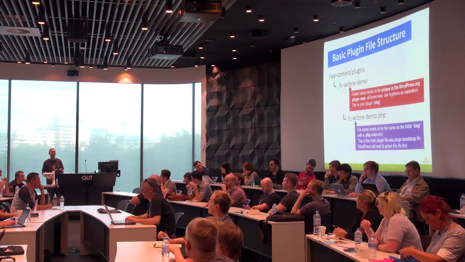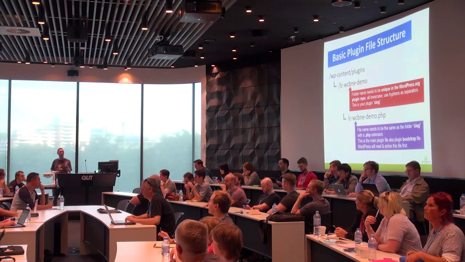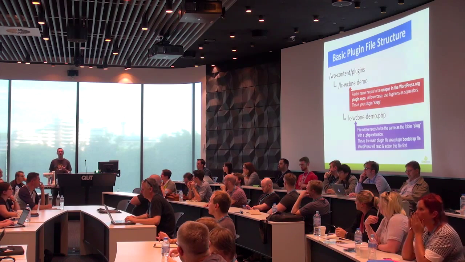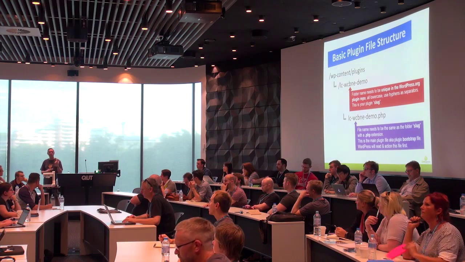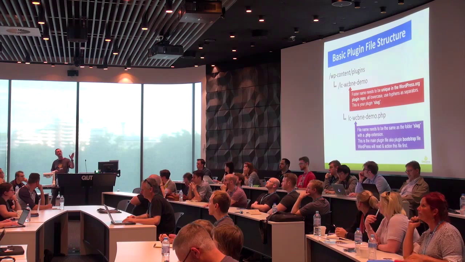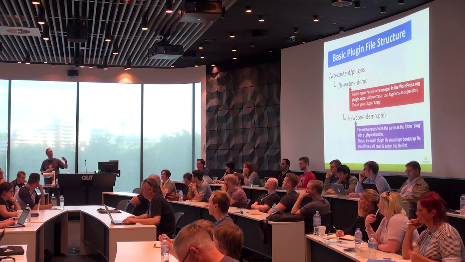Just exactly the same as you'd have a post in WordPress, and that post has a unique slug. Every plugin should have a unique slug as well. So the first thing you think about when you're developing a plugin is what to name it. Okay? So we have here our folder name, lc-wcbne-demo. That is your folder name.